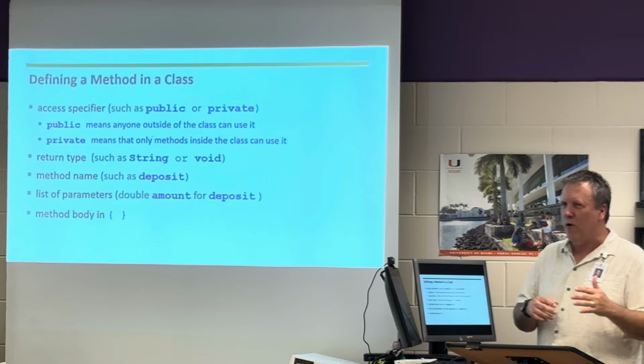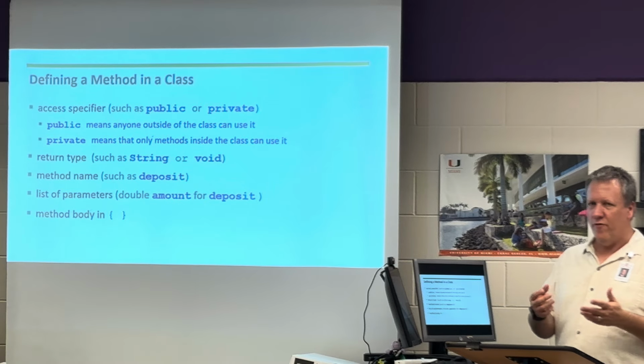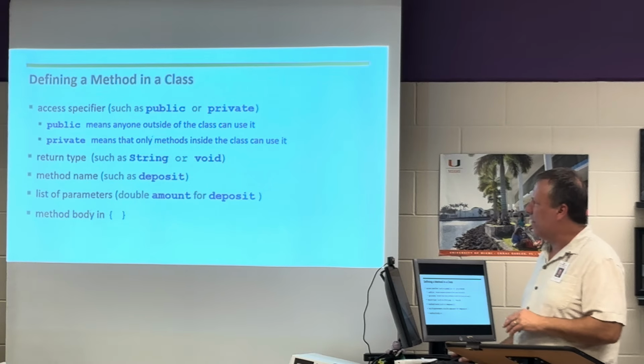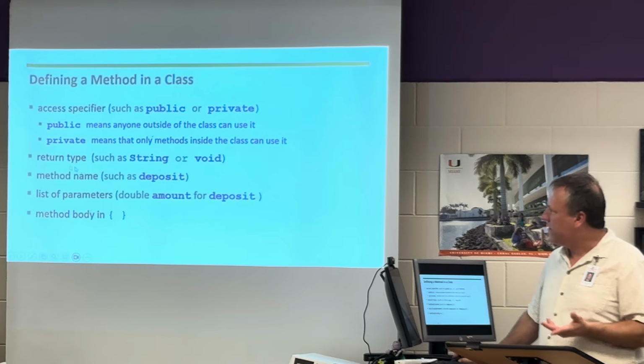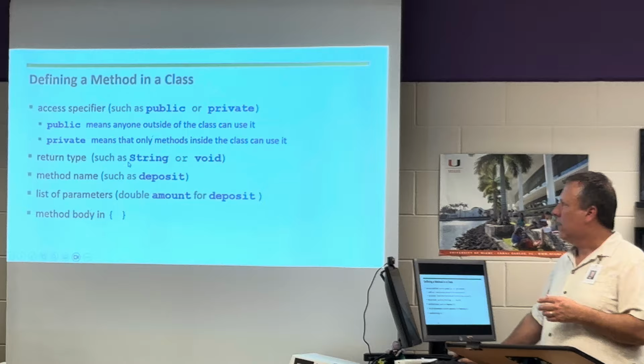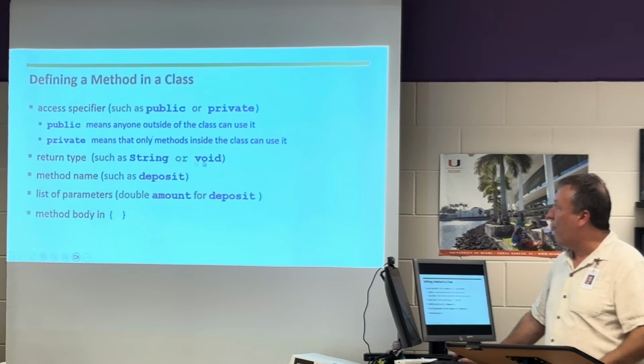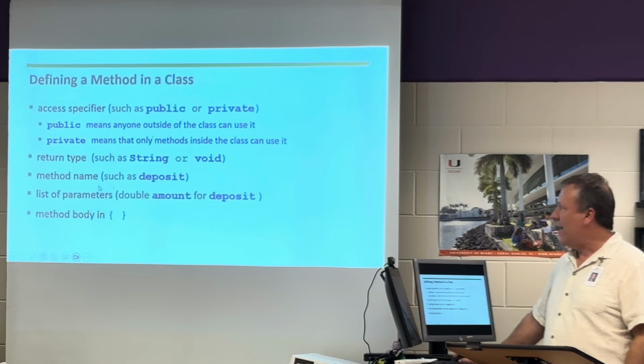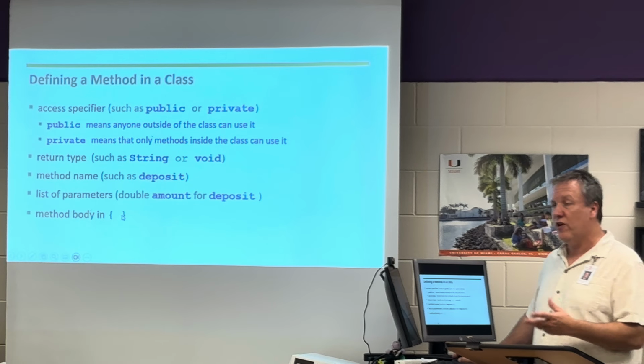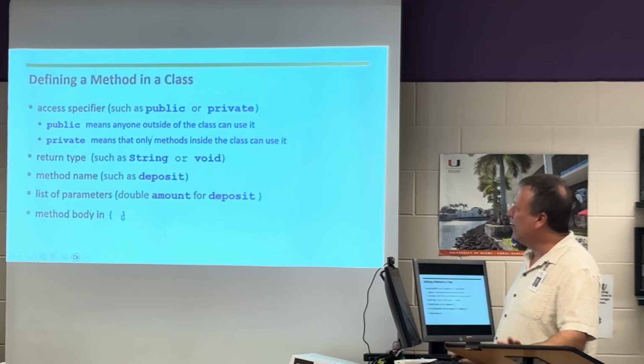Maybe the interest rate is higher if you're a gold member or whatever it is. So that might call some other abstractions. But the return type, which is what value I get back, or void, which means it doesn't return anything. The name of the method, the list of the parameters, and the method body, or the code, is going to be in curly braces. So it looks like this.